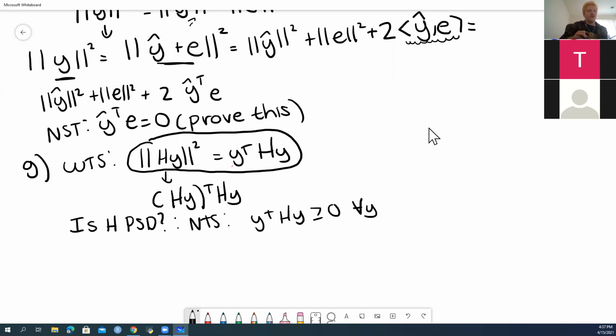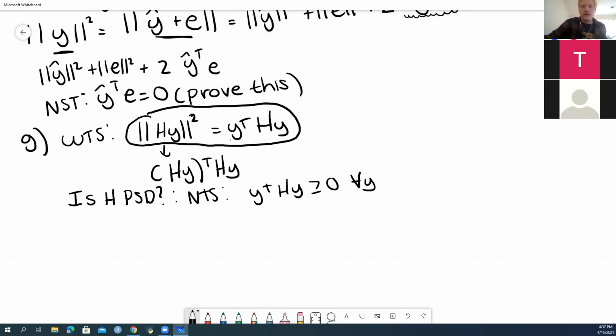Well, it's equal to a squared term. Usually you would find the eigenvalues, which is probably the easiest way to do it. But obviously we don't even have what H is, but you'll notice it's equal to a squared term. So that should be really obvious as to what the answer should be.